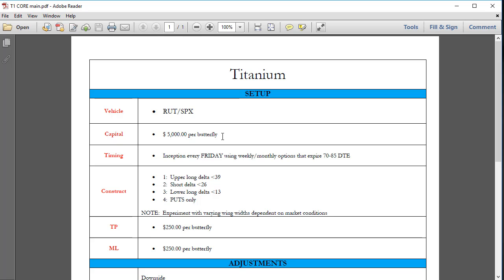And so let's run through each one of these a little more in depth so that you can see how we're going to be trading them. Again, these are trades that I trade in the live market, in live accounts with real money, and I have been for several years now.